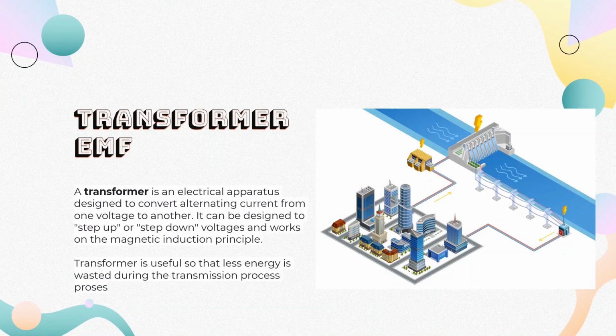And second is an example of transformer EMF. A transformer is an electrical apparatus designed to convert alternating current from one voltage to another. It can be designed to step up or step down voltage and works on the magnetic induction principle. A transformer is useful so that less energy is wasted during the transmission process.